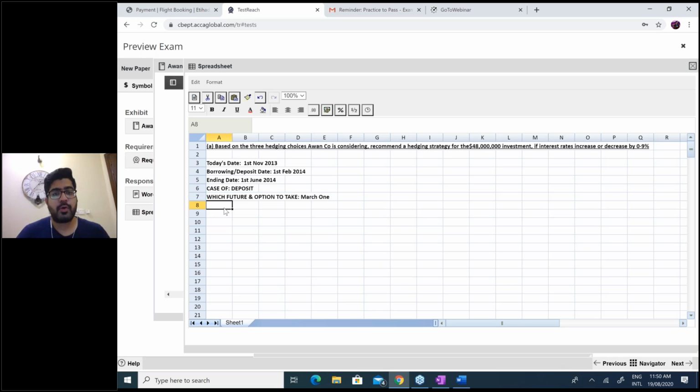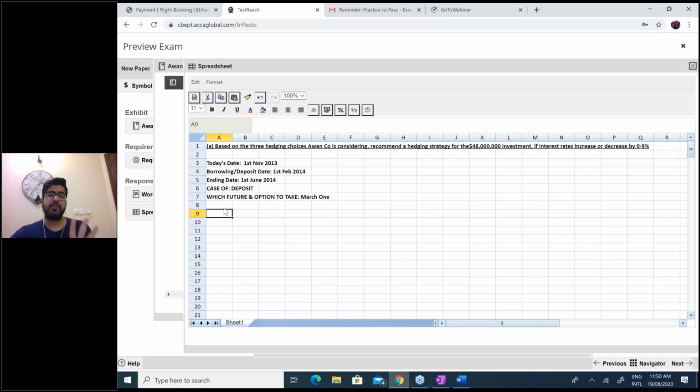Let's suppose you have to borrow or deposit on 1st August. There is no future or option available for August; only December, March, June, September, every quarter. So if you need to borrow or deposit on 1st August, you have to take September. And all these end on the 30th: 30th December, 30th March, 30th June, 30th September.